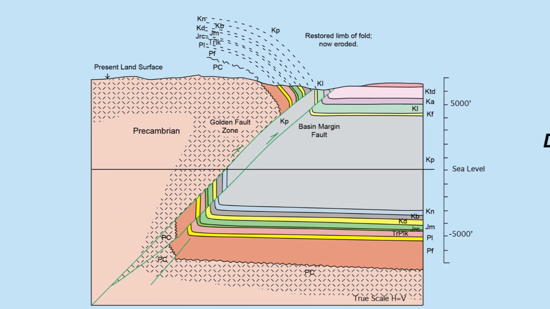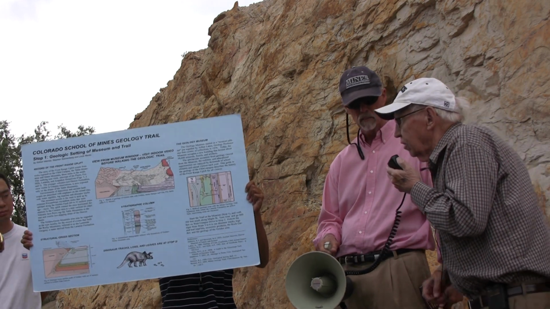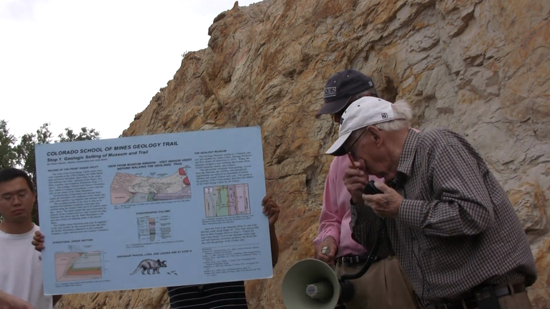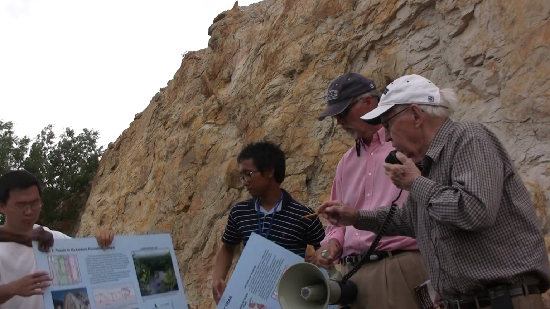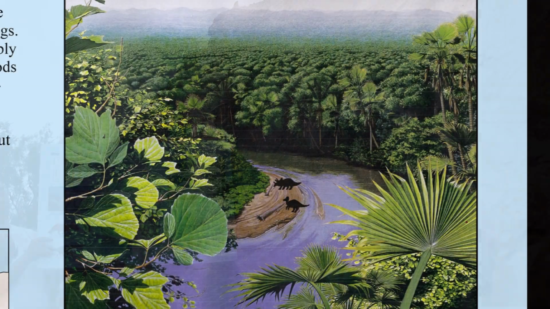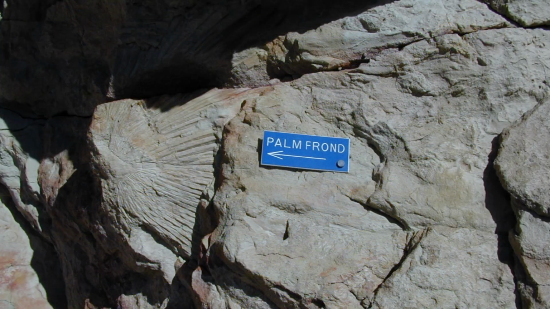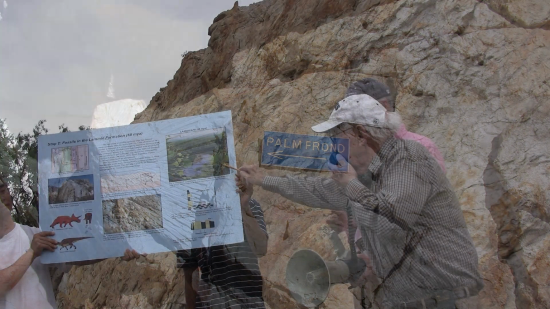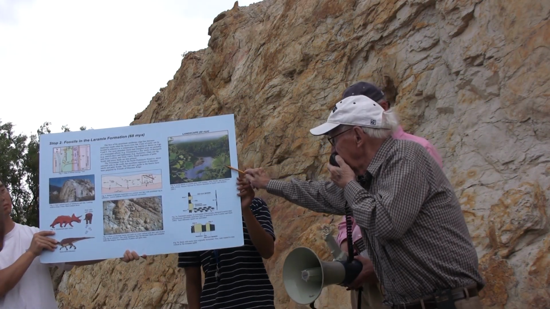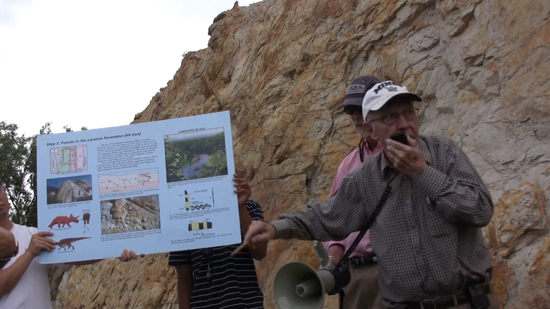How about these different types of plants? Well, one of the significant types, let's look at stop 2. One of the significant type plants is a palm tree. And the leaf structure of the palm tree is called a palm frond, F-R-O-N-D. So I want to show you a palm frond here and show you the attachment structure where it attaches onto that stalk.